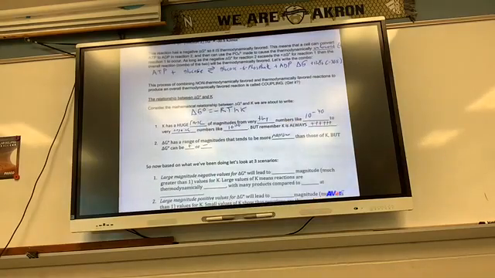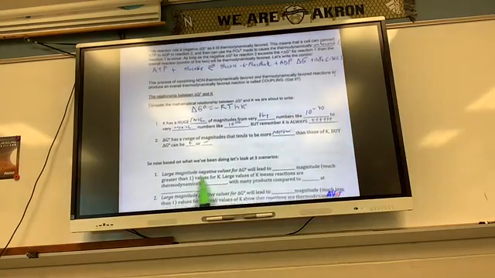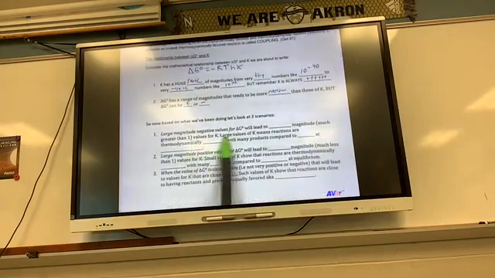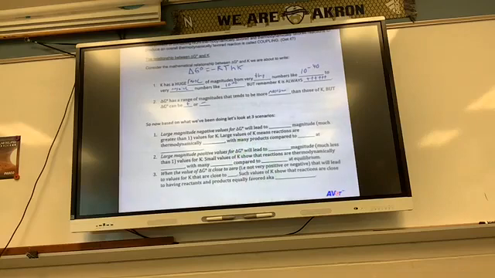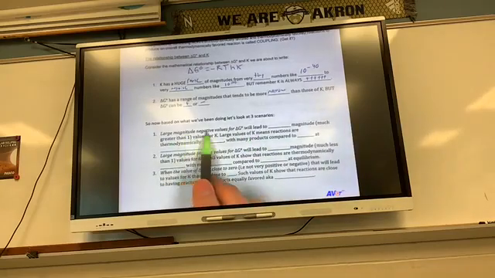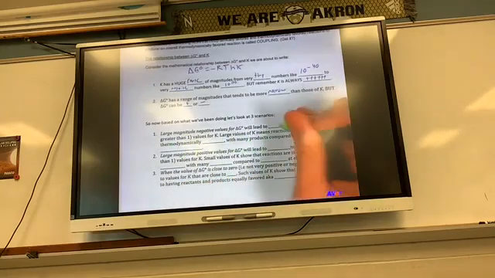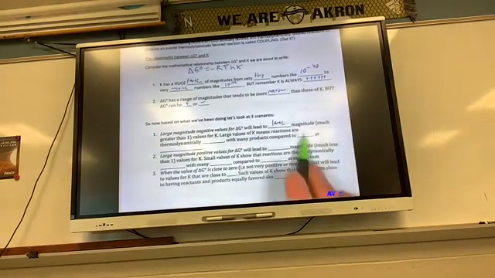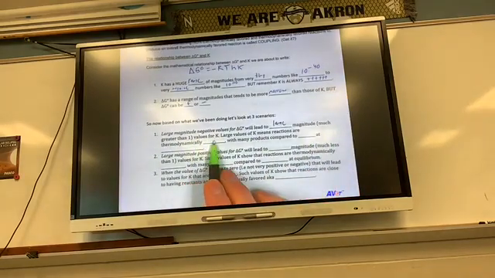So let's look at three scenarios. If I have large magnitude negative values for delta G, that means it's what? It's spontaneous, right? So what type of magnitude would that lead to for K? Large magnitude negative values of delta G would lead to a large magnitude, much greater than 1, values for K, right?